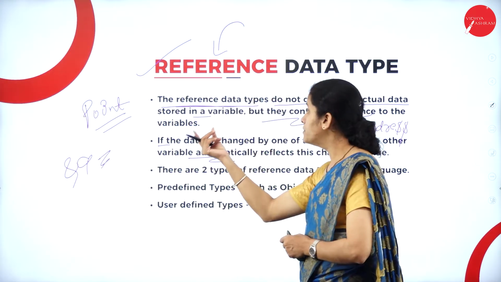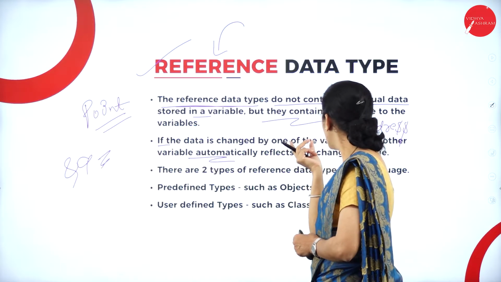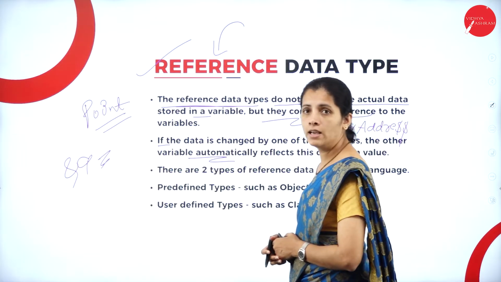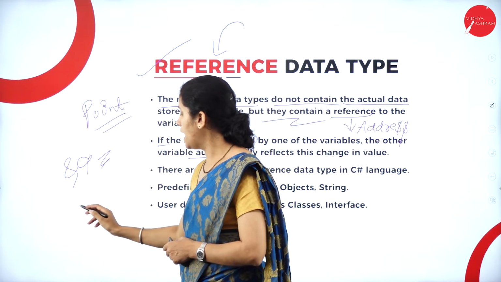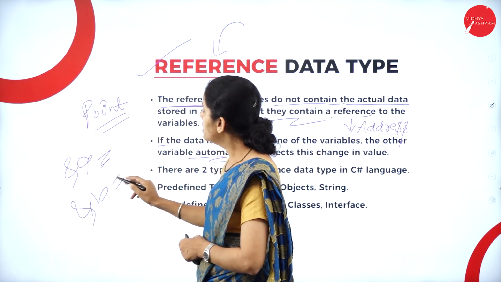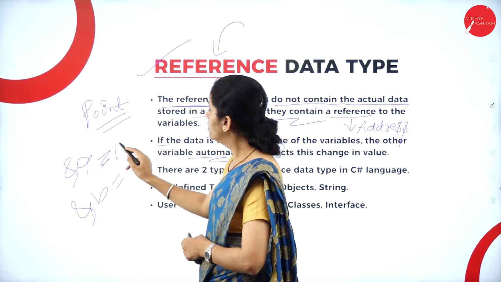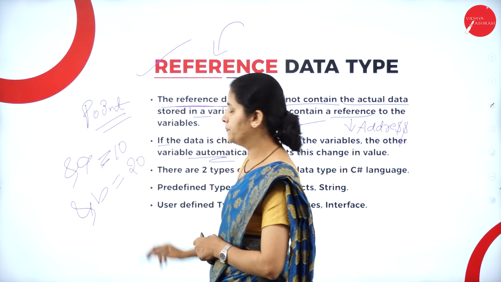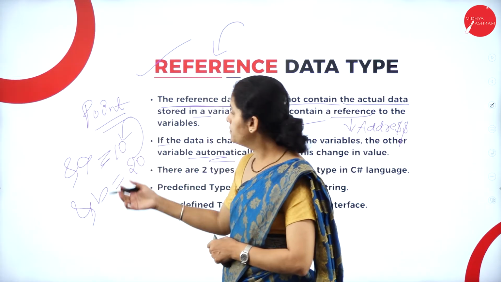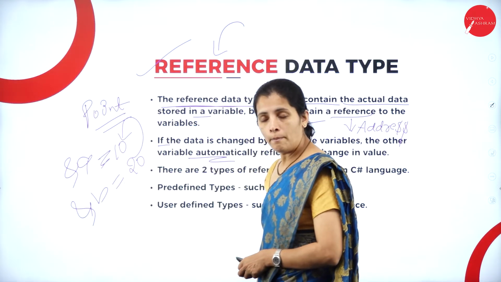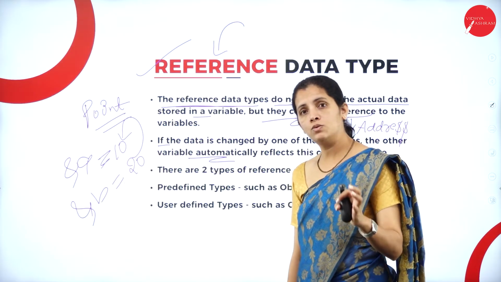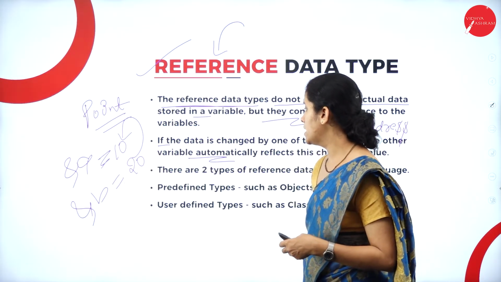So here I have address of A and address of B. Now here I have 10, here I have 20. Now this 20 is going to reflect in my A, because if I make modification in any one of the reference variables, then it's going to reflect to the other variable.